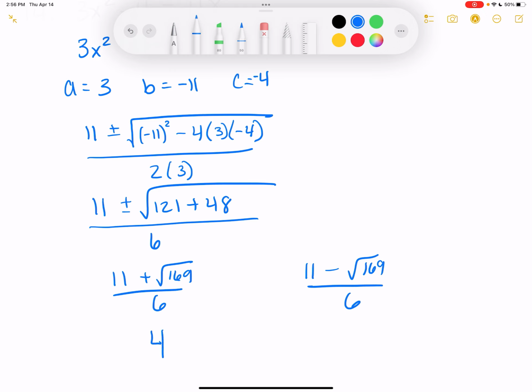This one should be 4. Oh yeah, I was talking about the negative one. I got negative 0.33. Oh, wait.